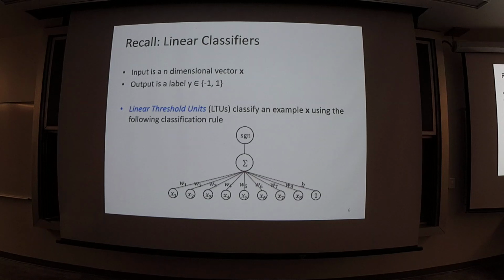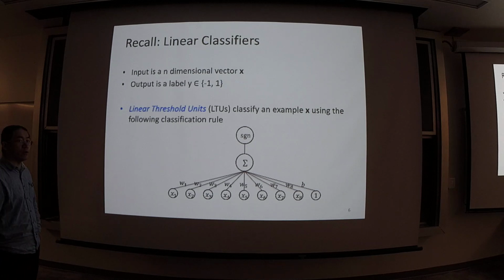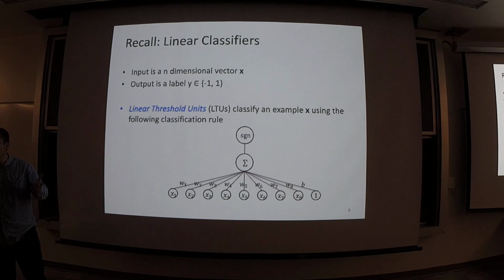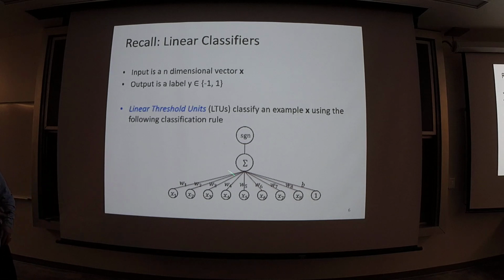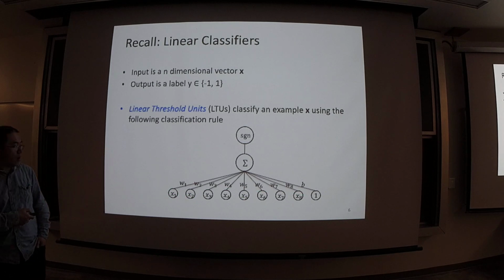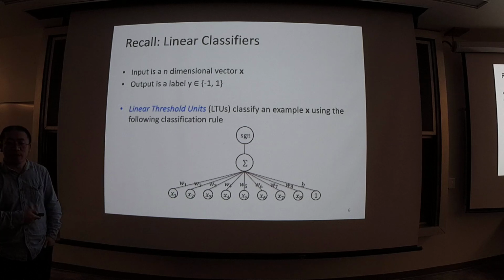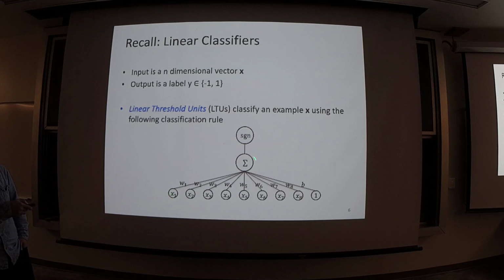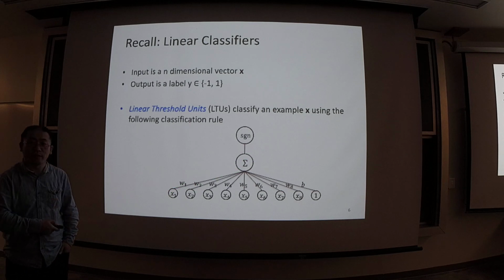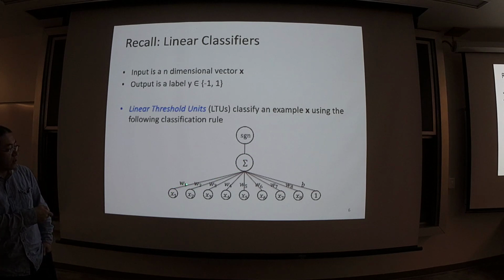Here is a graphical representation of a linear classifier. You'll get used to that when we talk about artificial neural nets, because in artificial neural nets, those one-layer classifiers can all be represented by units. This is called a unit, which consists of input units, where each input node represents one input feature. Between each input node and the intermediate node are edges, and each edge is associated with a corresponding weight.